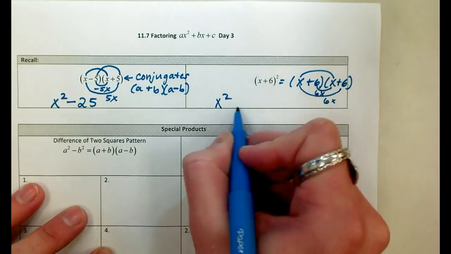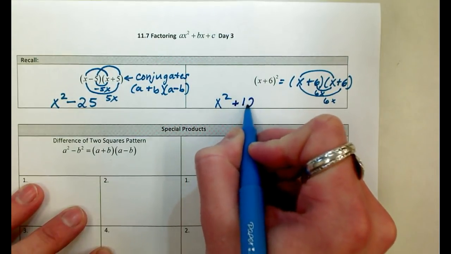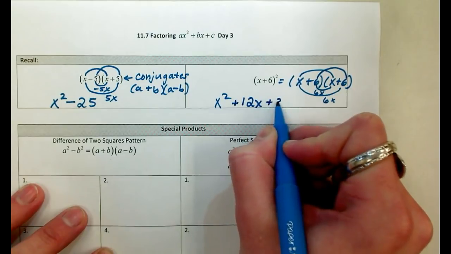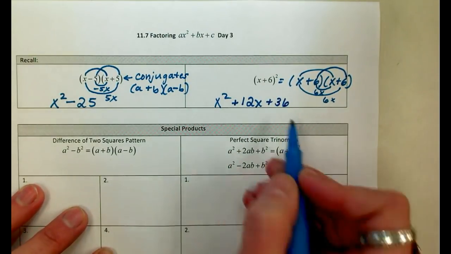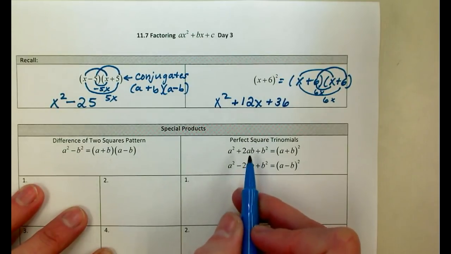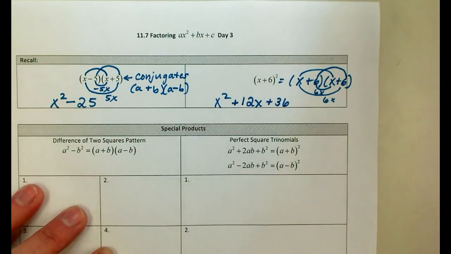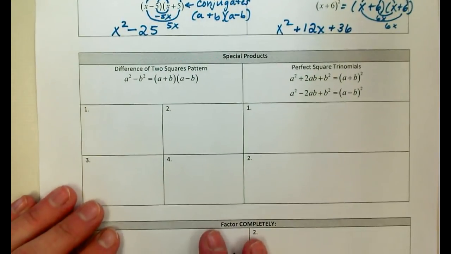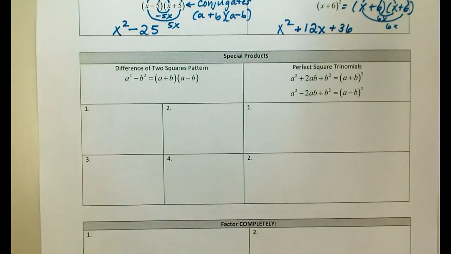Both of them are positive 6, so adding them together we get 12x, and 6 times 6 is 36. This one is our perfect square trinomial. This one will happen a little more naturally, but I'll show you how we're going to write our answer once we factor it.